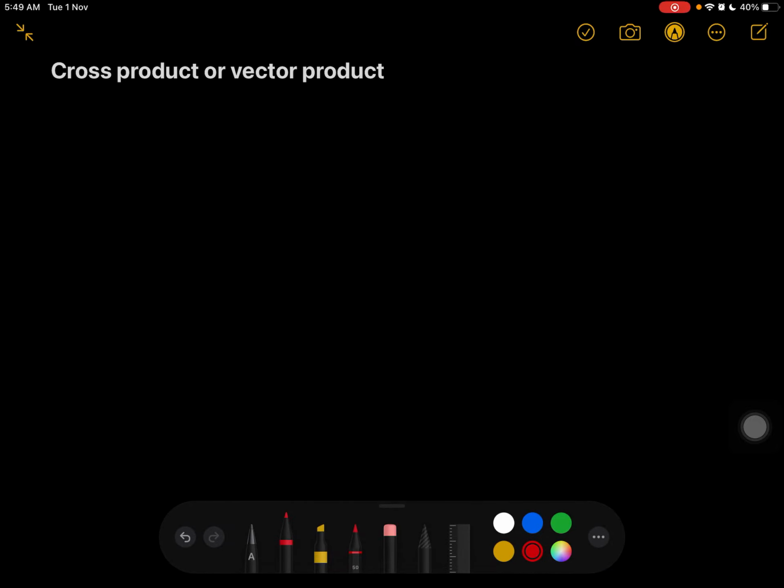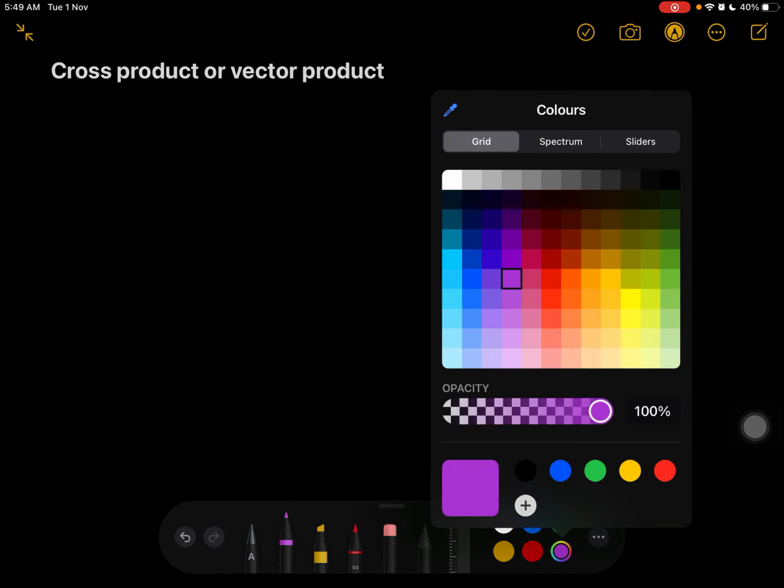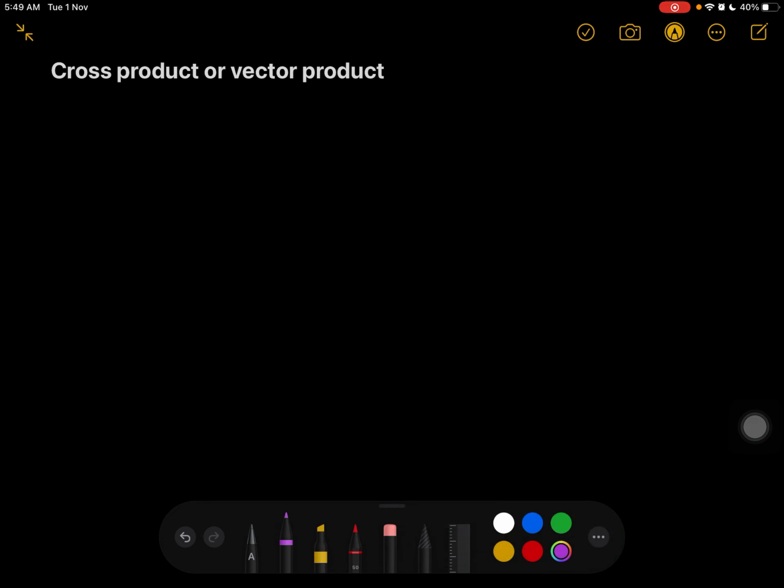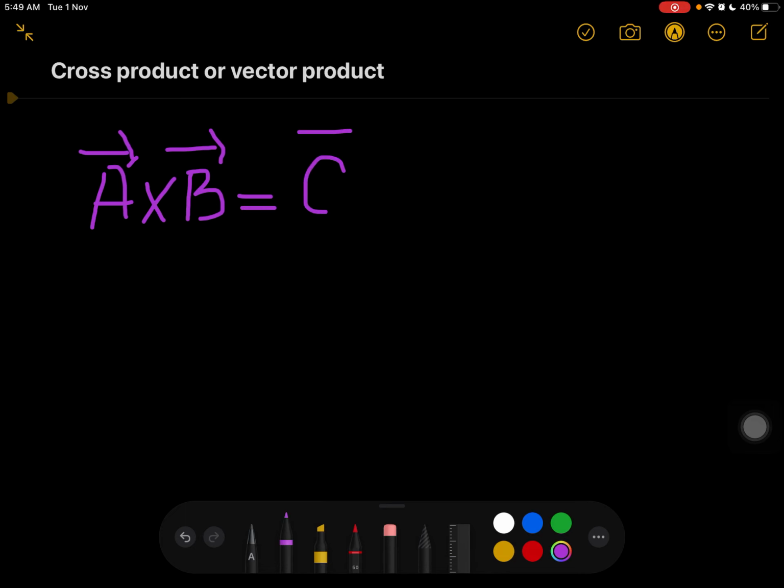So today we will talk about cross product or vector product. So what does that mean? It means that when A cross B, this vector and this vector, the answer is also a vector.